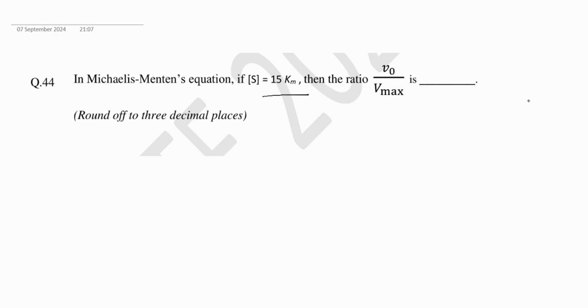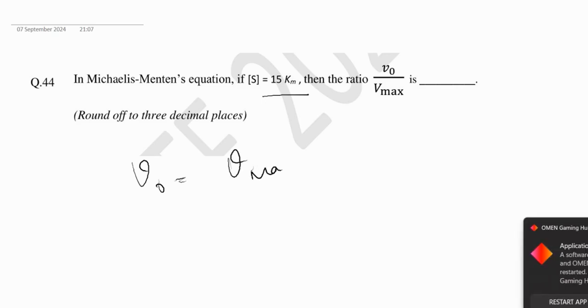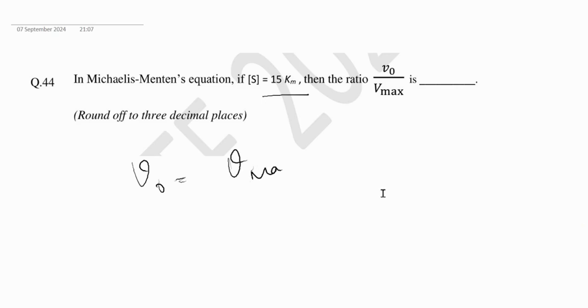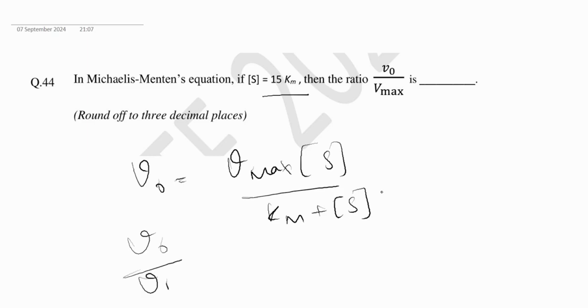The equation is V0 equal to Vmax into S divided by Km plus S. So V0 by Vmax equals S by Km plus S.